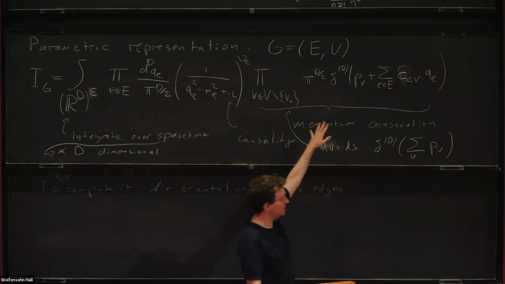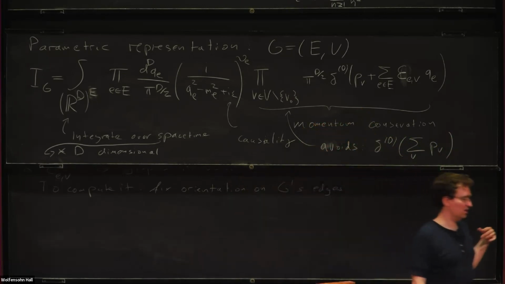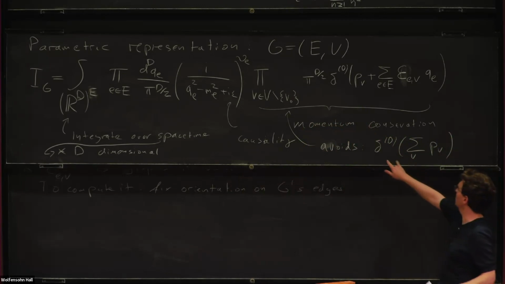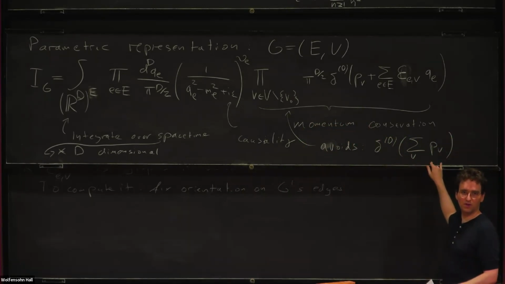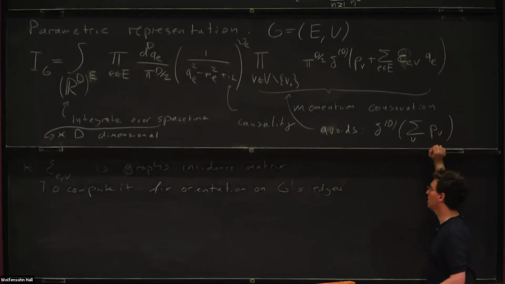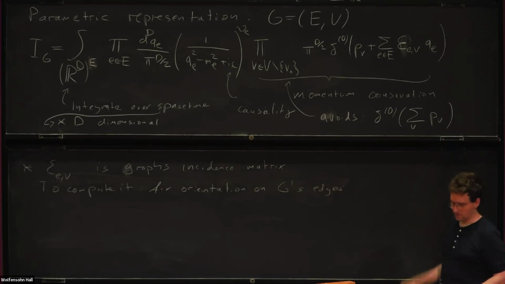So PV is the momentum that is flowing into a specific vertex, and if we add this extra vertex, then we have one delta function that just ensures that the sum of all these incoming momenta is 0. And it's irrelevant which vertex we omit.